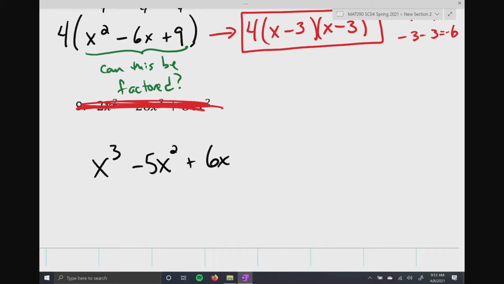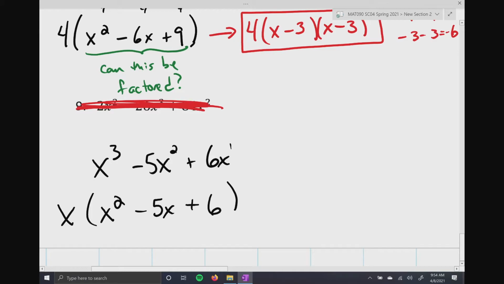What's the GCF? It's x. Remember, when you've got variables in every single term, look for the smallest exponent. That is going to be right here, x to the first. So we're going to factor out an x. And by doing that, I get x squared minus 5x plus 6.